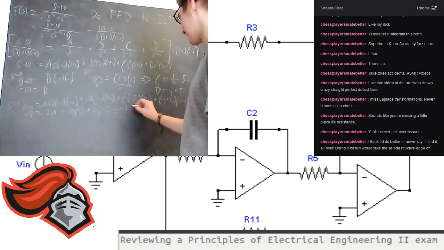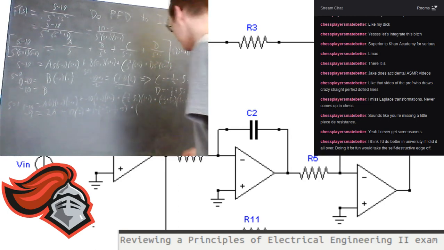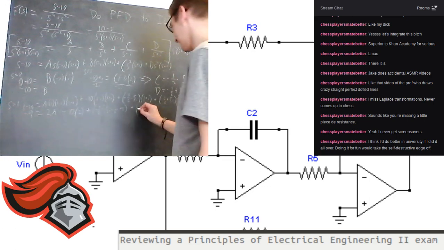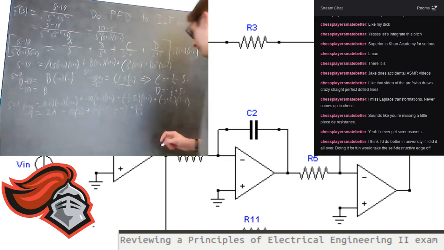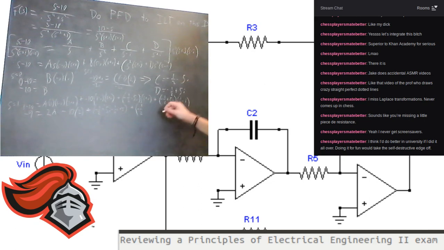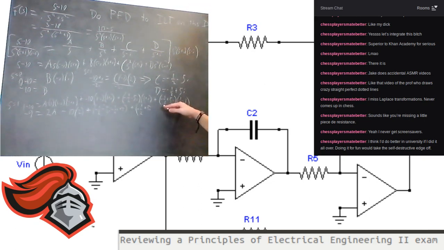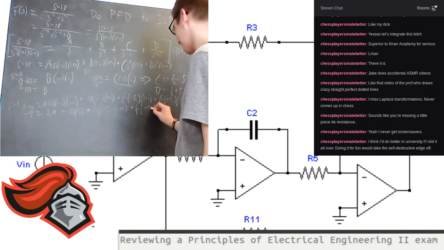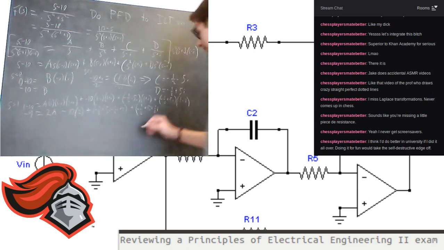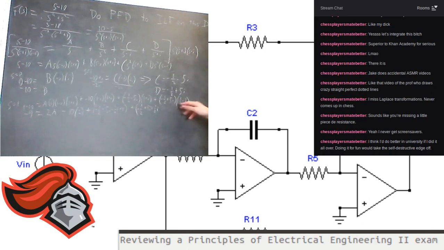And then for D, you get -1/2. We get plus 5i plus 1/2 i, 5i times i, that's negative 5i squared, that's 5.